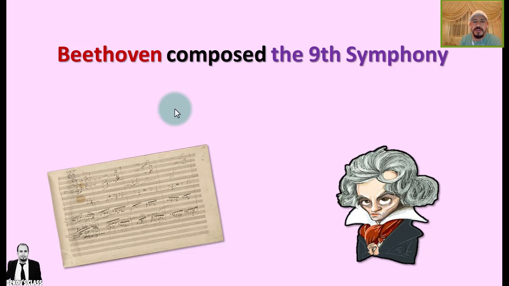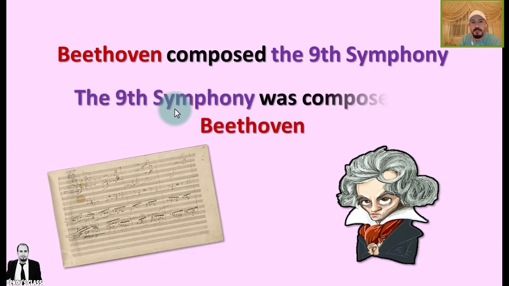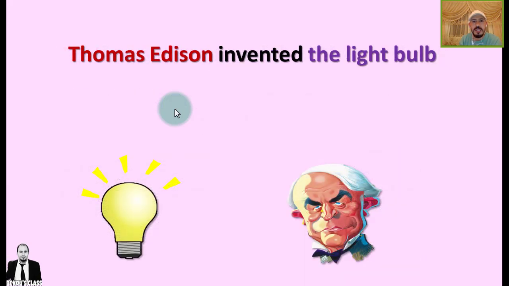Beethoven composed the Ninth Symphony. The Ninth Symphony was composed by Beethoven. Very good. Move on. Thomas Edison invented the light bulb. Okay.